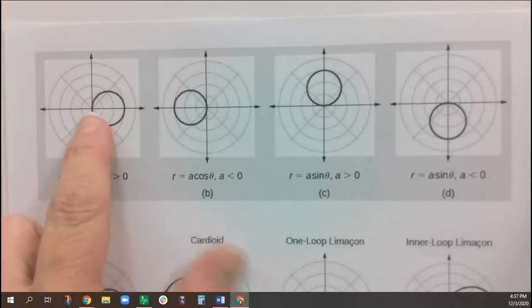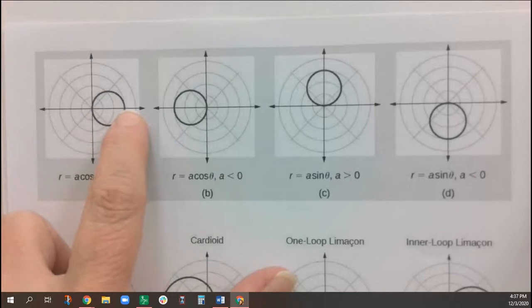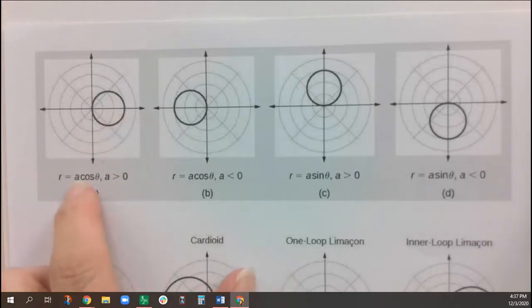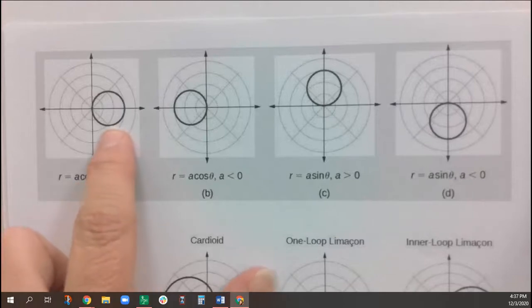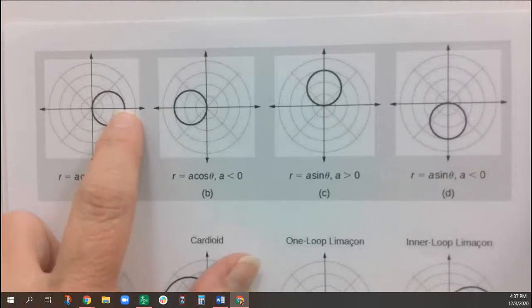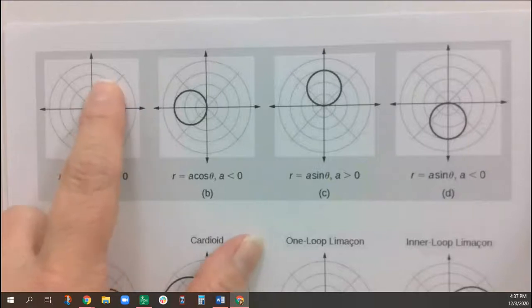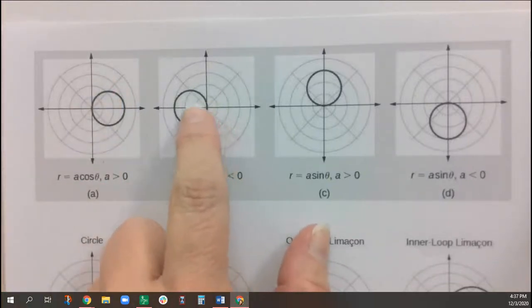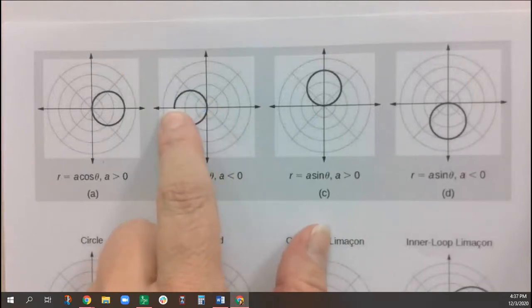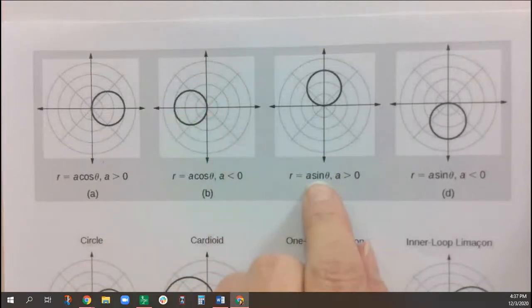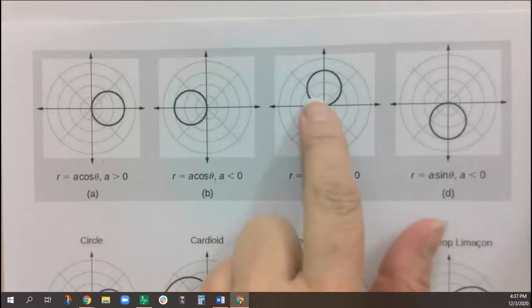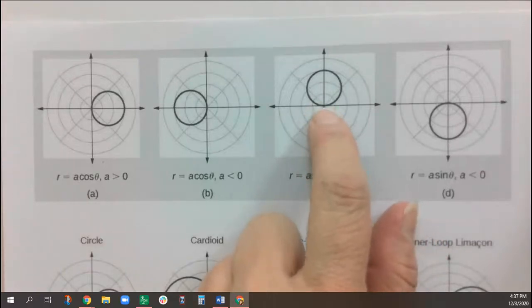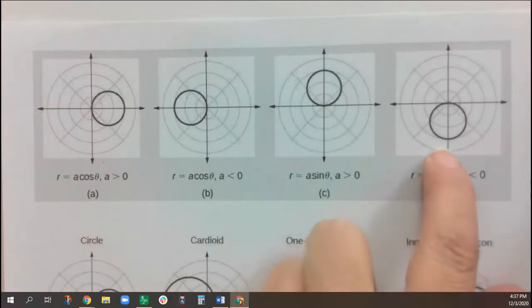And for this particular circle, the a would be 3. 3 cosine theta would be the equation of this graph. That's going to give us a circle. If a was negative, like negative 3 cosine theta, then it ends up centered on the x-axis but on the left side. If r is equal to 3 sine theta, we still get a circle, but centered on the y-axis, and negative 3 sine theta would be centered on the negative y-axis.